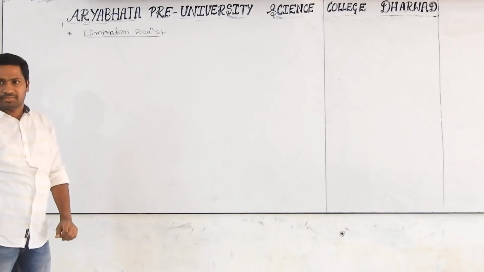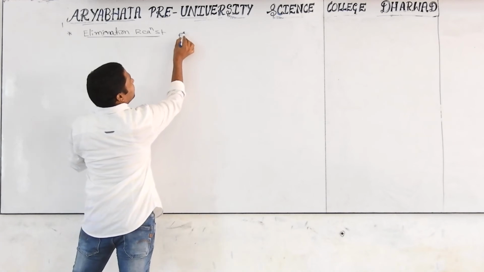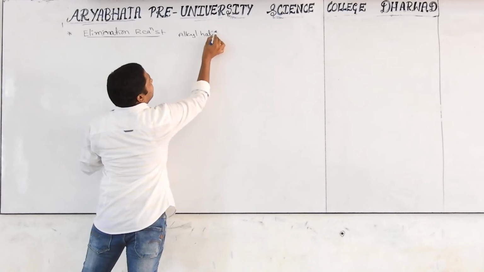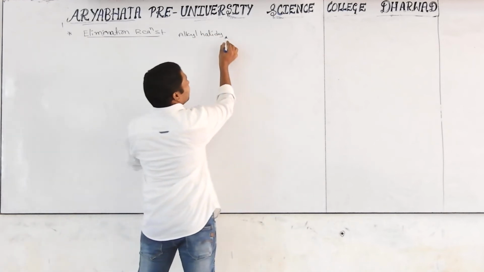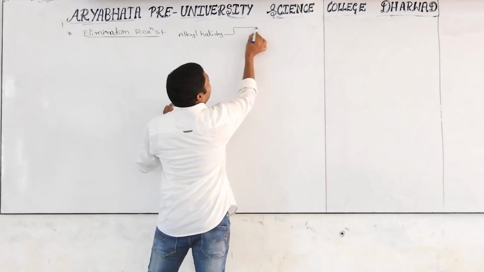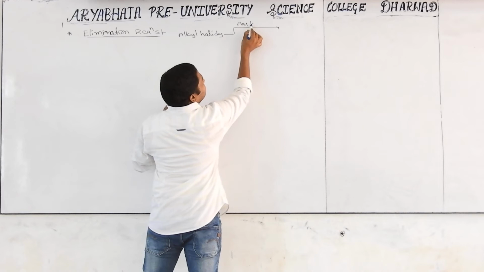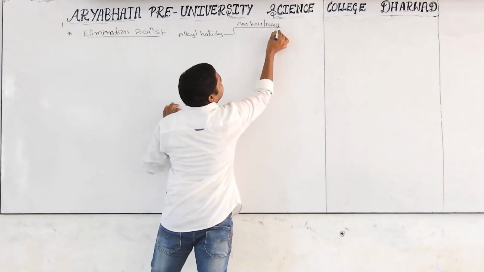Removing something. I will give you one example. If you take an alkyl halide, the whole concept is very important. Please understand carefully. The alkyl halide will react with either aqueous KOH or aqueous NaOH.